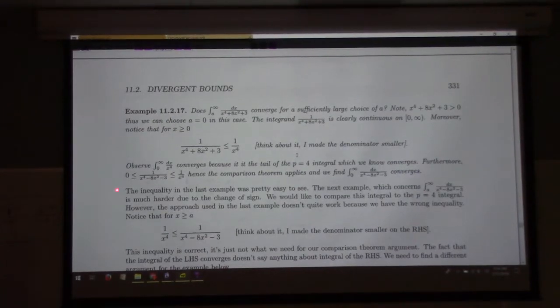Oh, no, no, no. Oh, man, come on. This will not do. Why is this bogus? Where does the p equals 4 integral start? I can't start at 0, right? How can I fix this example?